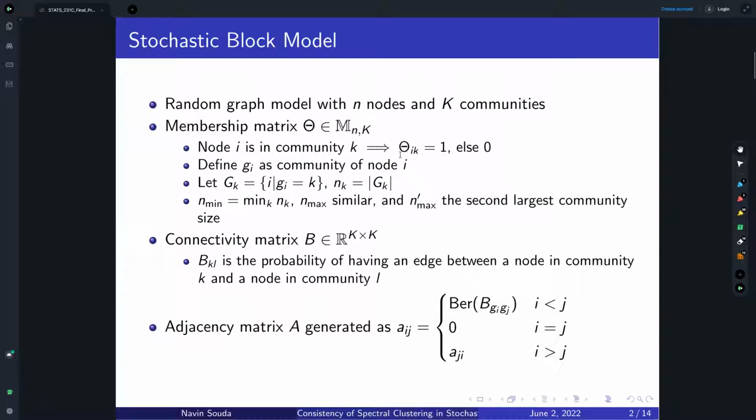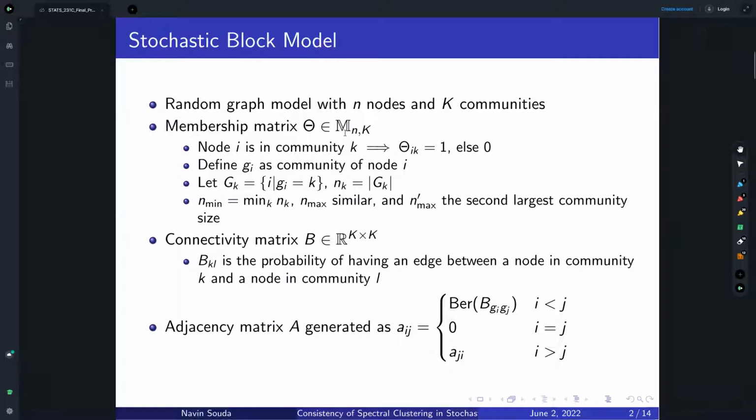So a stochastic block model is a random graph model with n nodes and k communities. The way we parameterize it is we have a membership matrix theta in this set of matrices M_{n,K}, which is basically just a set of matrices where all of the rows have exactly one 1 and the rest of the entries are 0. So the rows are all one-hot vectors.